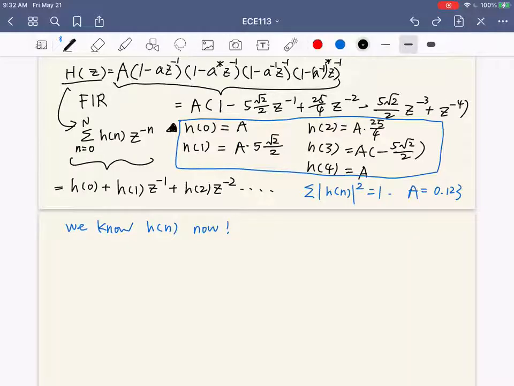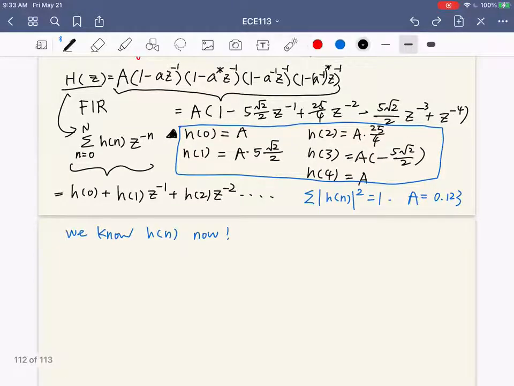A at the terminals, and you notice that H of 1 and H of 3. Wait, did I do anything wrong? Oh, sorry. There is nothing wrong. I just copied them carelessly. There is a negative sign here. Okay, now they are symmetric, right? So from observing H of n, we can also know that it has a linear phase, right?